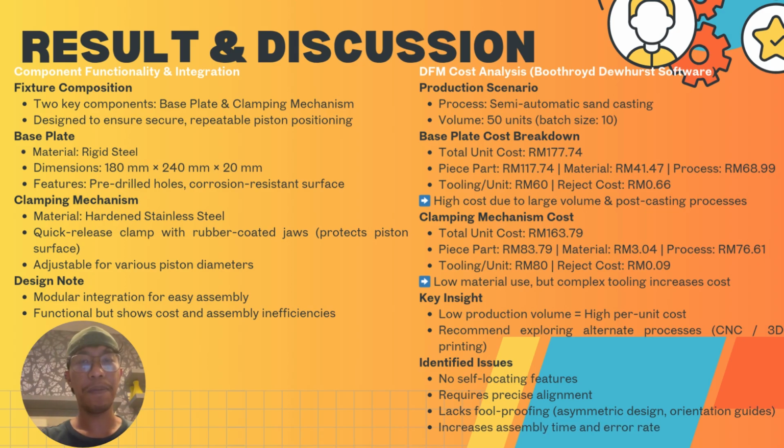Clamping mechanism: the material that we use is hardened stainless steel, with a quick release clamp with rubber coated jaws to protect the piston's surface, and also adjustable for various piston diameters. On top of that, design note: the modular integration is easy for assembly and functional, but shows cost and assembly inefficiencies.